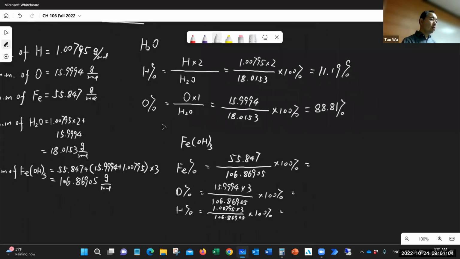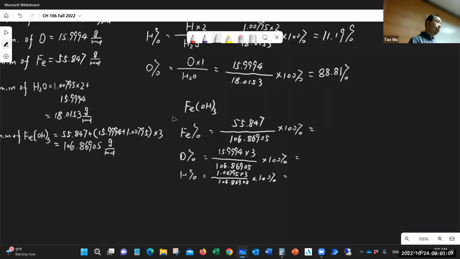The next one is a little more complicated because we have 3 elements. We use the mass of the iron divided by the total molar mass of the iron hydroxide, and oxygen and hydrogen each divided by the molar mass of the iron(III) hydroxide. But make sure oxygen has a 3.